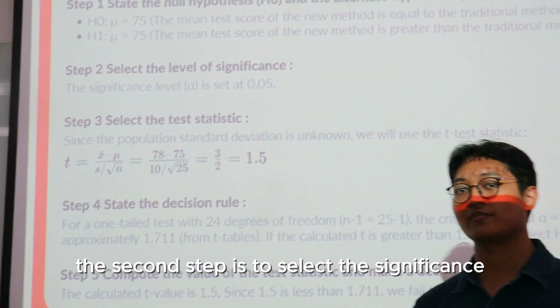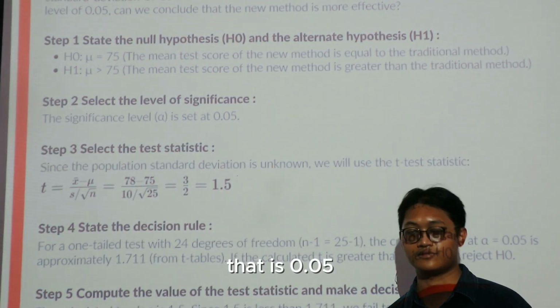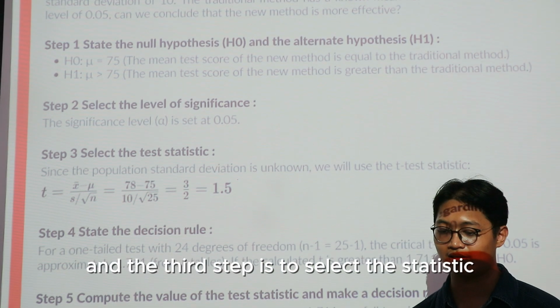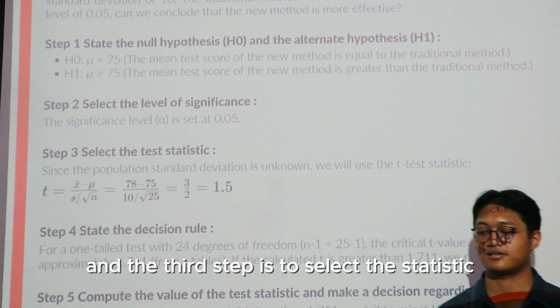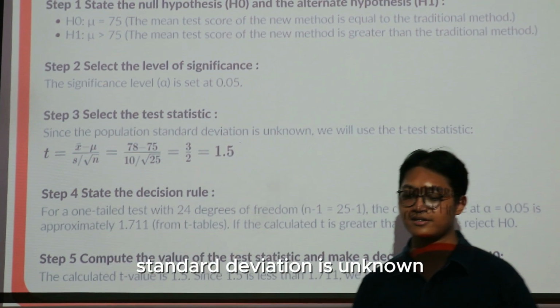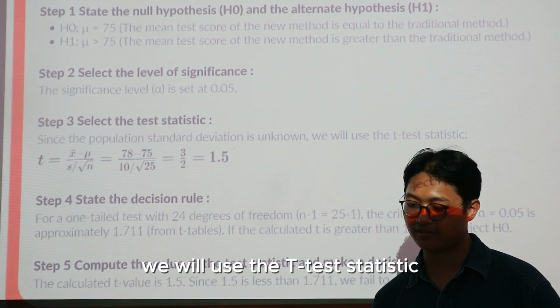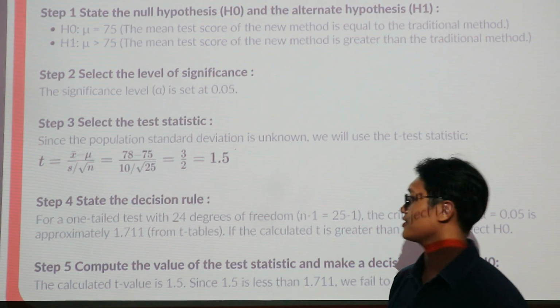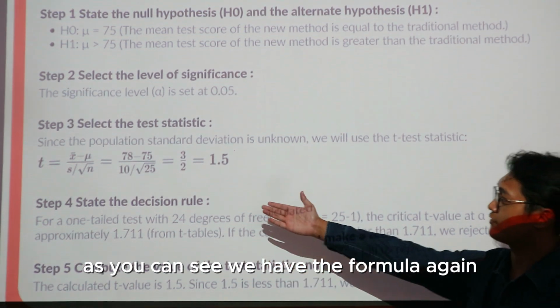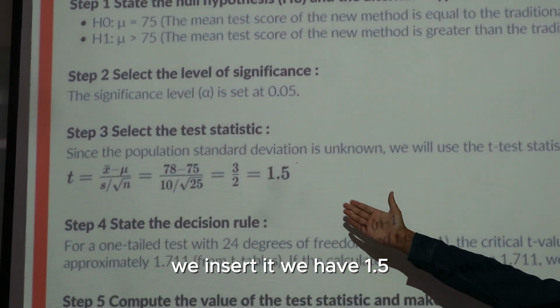The second step is to select the significance level, that is 0.05, and the third step is to select the statistic. Since the population standard deviation is unknown, we will use the t-test statistic. As you can see, we have the formula again. We insert the numbers, and we have 1.5.